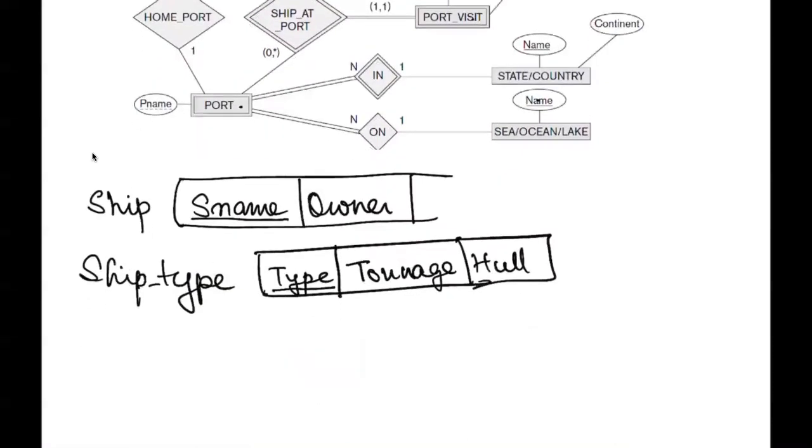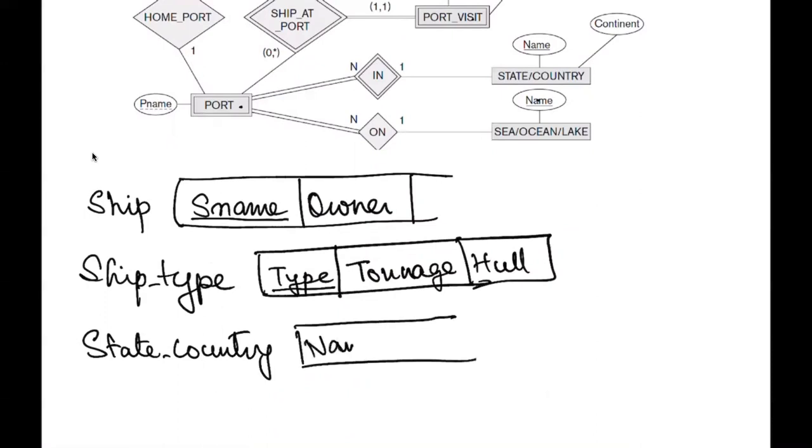For state, country, we will create one relation. Let's call it state, country. And here we shall put name and continent. And name is underlined because name is the primary key.